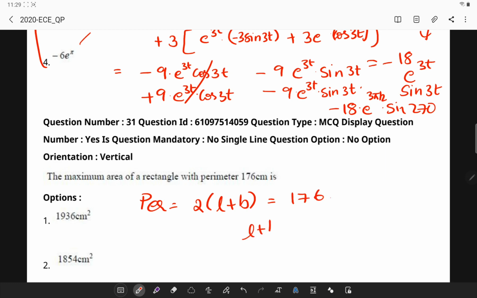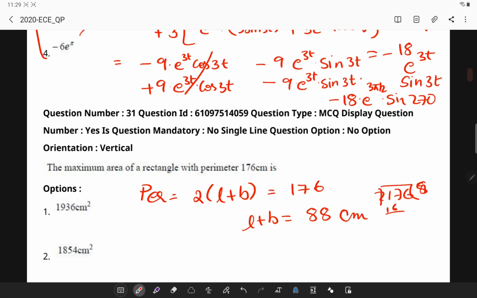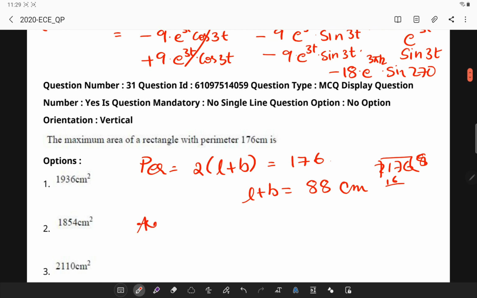So in this case length plus breadth is 176 by 2, which is 88 centimeters. Now the area of a rectangle will be length into breadth, or I can simply write breadth is 88 minus length, so the area is L into 88 minus L.